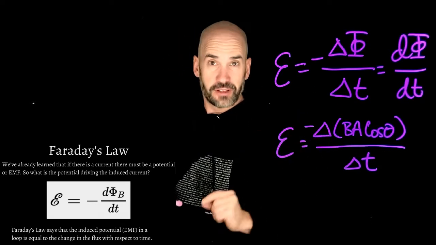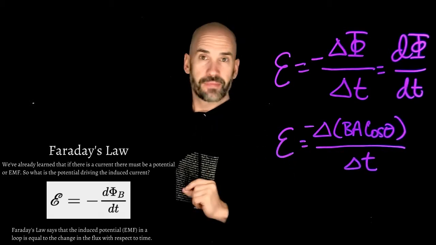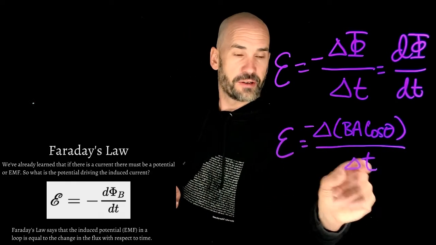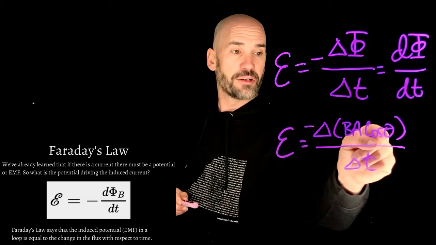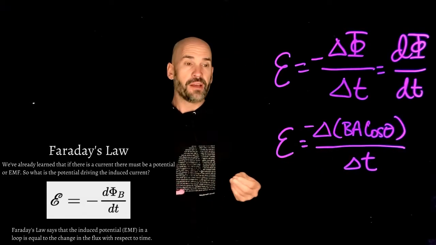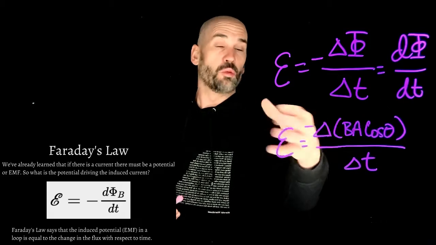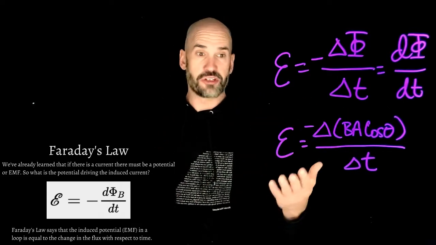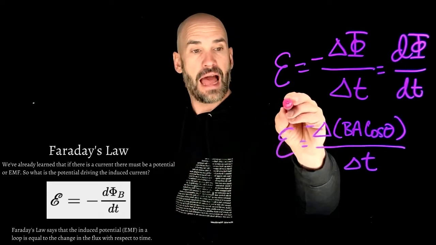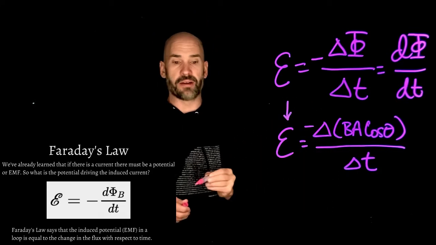Is it the B field that changes in this interval of time? Is it the area that changes in this interval of time? Or is it the angle that's changing in this interval of time? Because that's obviously important because we have to take into account which variable is actually changing and how much it is changing by in order to calculate how big the induced EMF will be.